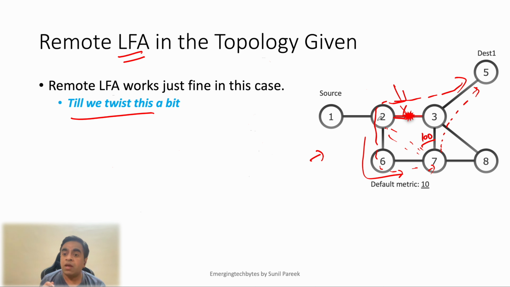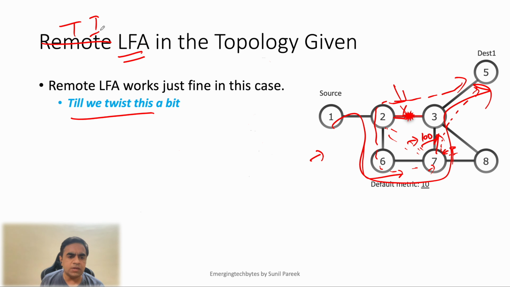But then if that helpful person comes here and says to 7, that even though this metric is high, you send the traffic via this path only, then I have a perfect backup path. And that is what TI-LFA does.